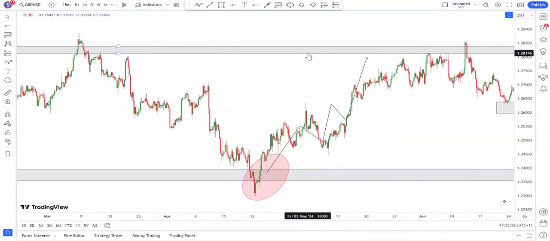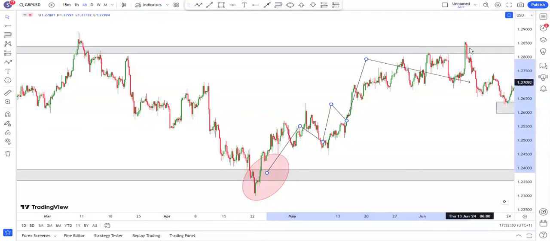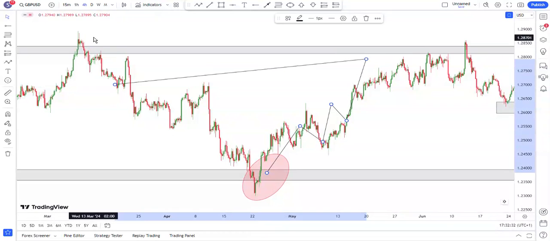Can you see when it comes back to this particular region, because it was a previously drawn resistance, it starts reacting and it couldn't go further.